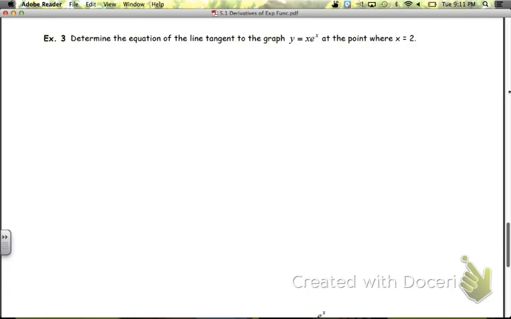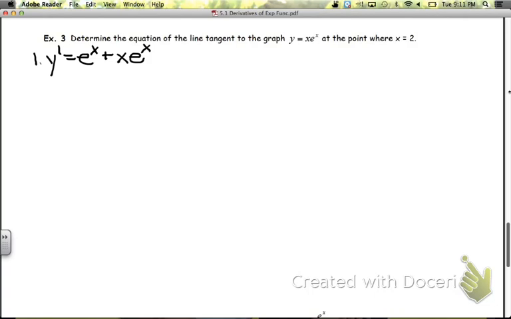Now, this goes back to working with this in previous units, that when we are looking for the equation of the line tangent to the graph, our first step is to always find the derivative of our function. So y prime is equal to e to the power of x plus x e to the power of x.